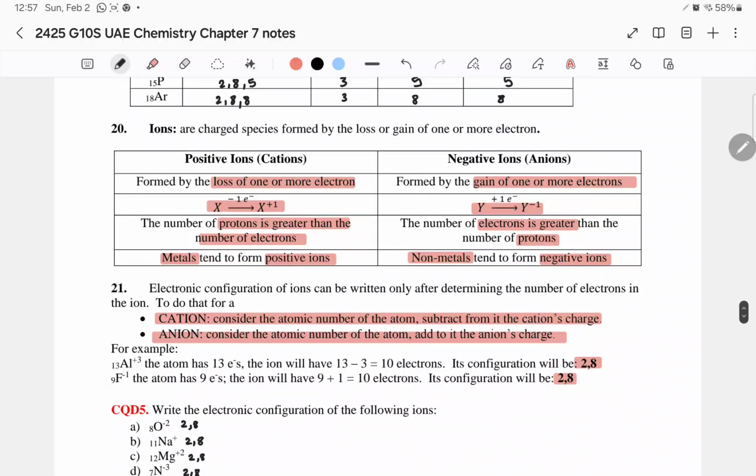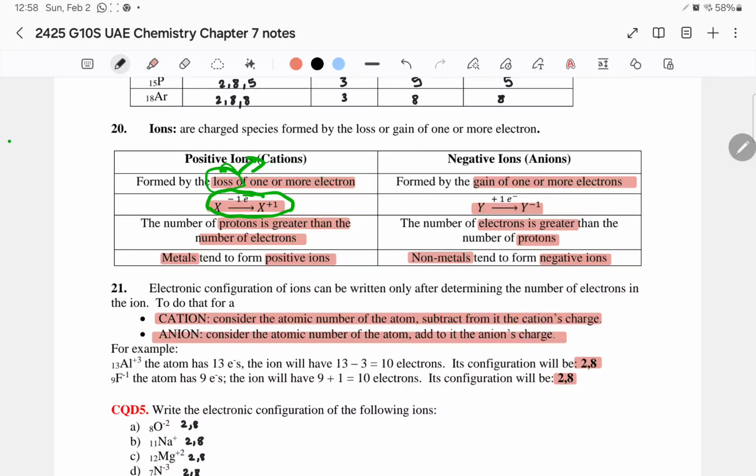Now ions are the charged species formed by losing or gaining electrons. If you lose electrons, you become a cation, which is positive. So if you lose, you gain the positive sign. But if you gain, you get the negative sign, because electrons are negative. If you lose them, you become positive. If you gain them, you're more negative. So when you lose 1 electron, you become +1, or 1 plus, as they write it.